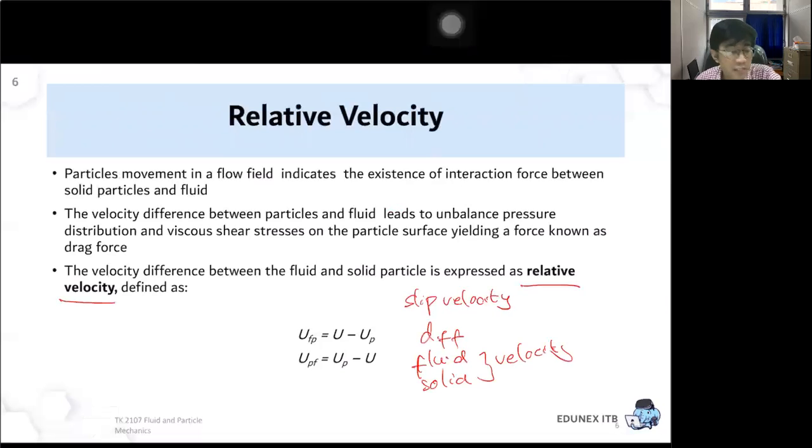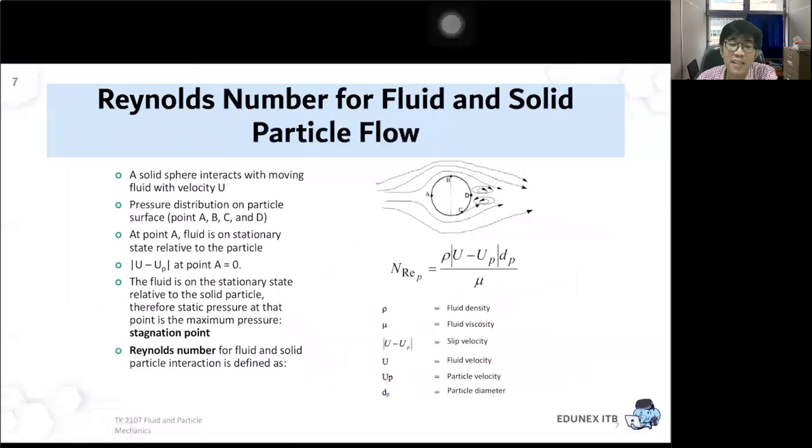Normally, which one is higher? Fluid, sir. Yeah, usually the fluid velocity is higher. You can calculate the relative velocity by using this formula. It's easy, right?